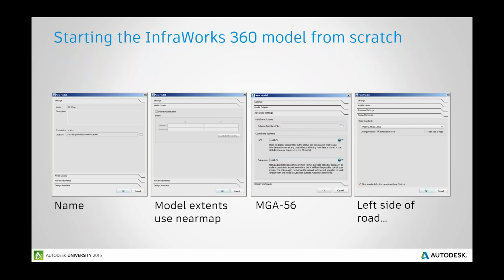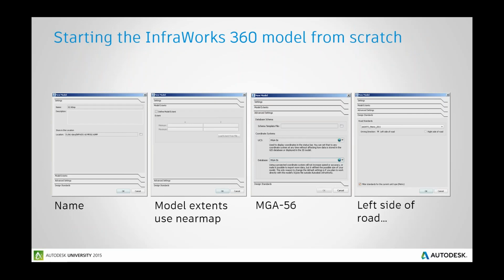Inside of Infraworks, when you set up the model, you can use Model Builder to build the site, but if you're building it from scratch and you're bringing in your own data, your own aerial maps, you'll set up a database before firing up the environment.